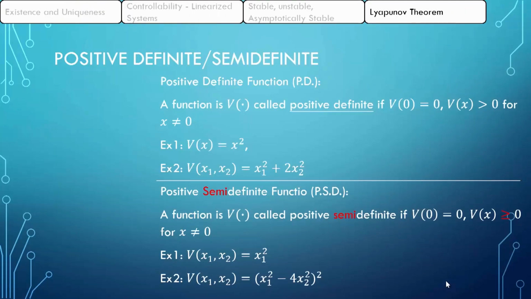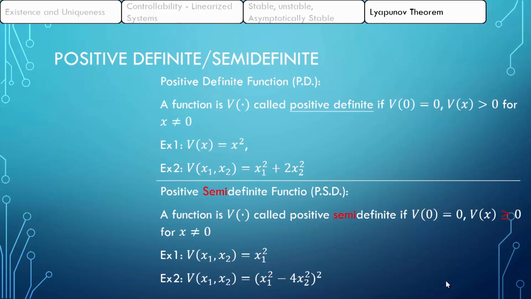So a function v here is a scalar function, and it's called positive definite if these are the conditions. If v(0) is equal to 0, when its argument is 0, it's 0. And for arguments that are not 0, v is greater than 0.